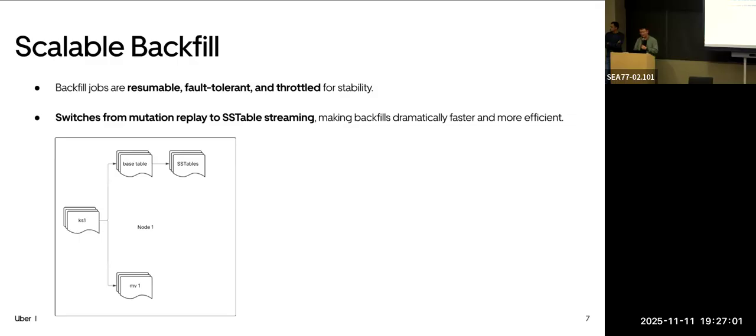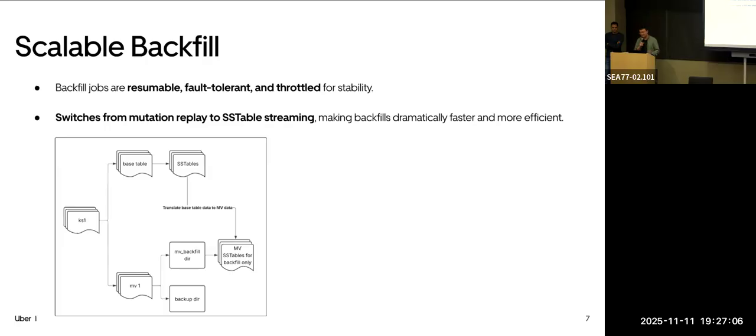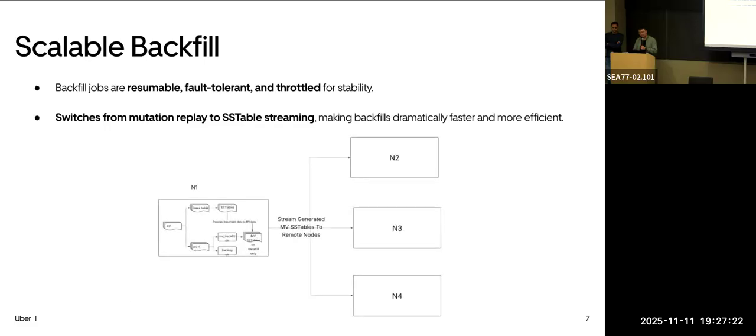And this backfill command will first translate the base table data to the MV access table data locally without talking to any remote nodes. Once those access tables are built, they will be streamed to the right owners in the cluster. So this way, we translate all the messages into access tables and stream them away.